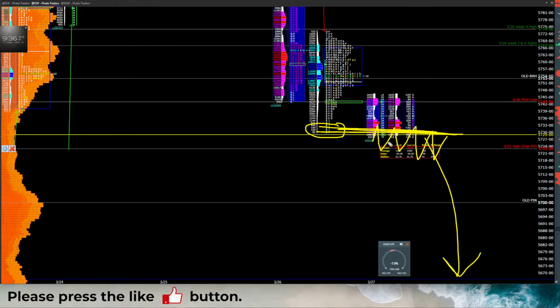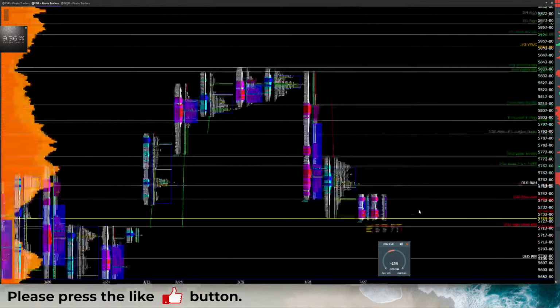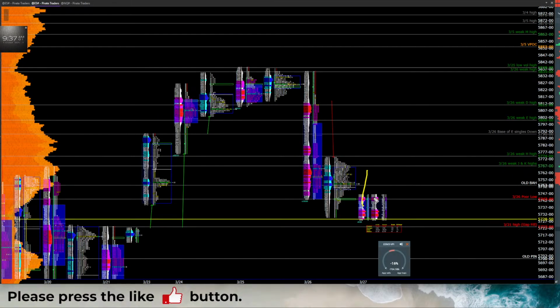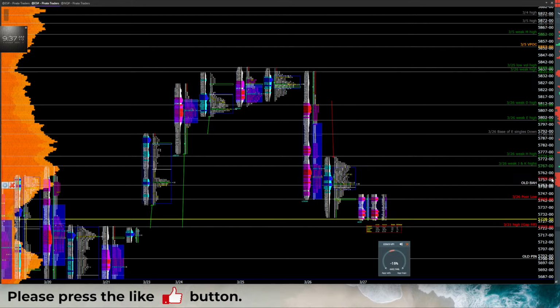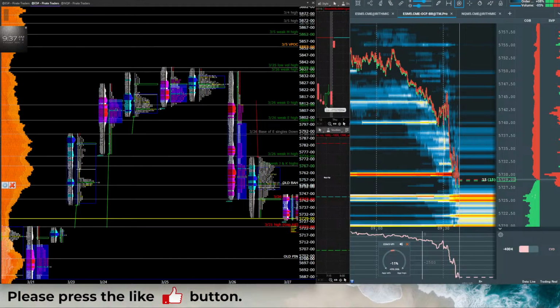If we do not get resistance, if we just poke down here and then reverse right back up through the opening price, it is a sign we are not going lower today. We are either going sideways or higher. Okay? So at this very moment, I'm watching this overnight low to see, do we get new selling here? And if so, I will be bearish for the day.